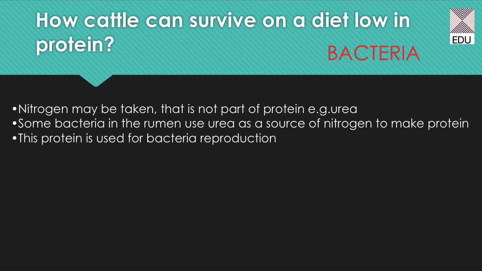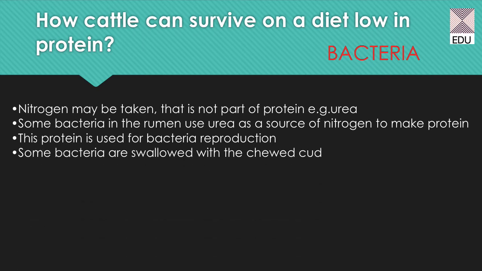As we have discussed earlier, the bacteria can take up glucose, take up the energy from glucose, and they can proliferate, they can grow. Here is a second point: these bacteria also use urea to make proteins, and these proteins help in their growth and reproduction.